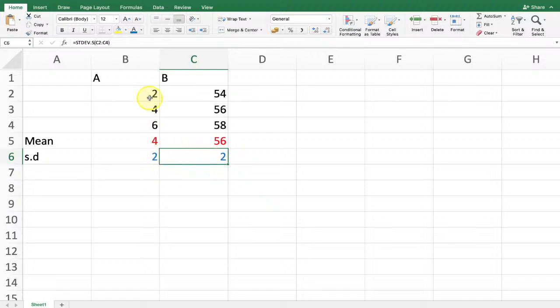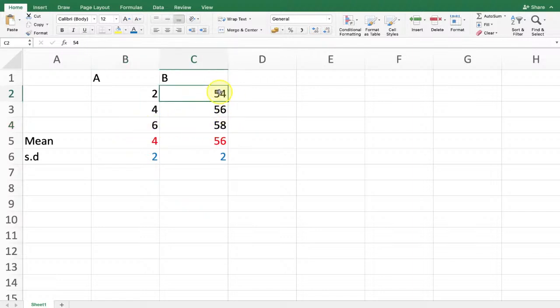If we compare sets A and B, notice that the values in set B, let's compare 2 and 54: this value is 52 units more than 2. 56 also is 52 units more than 4. 58 is 52 units more than 6.